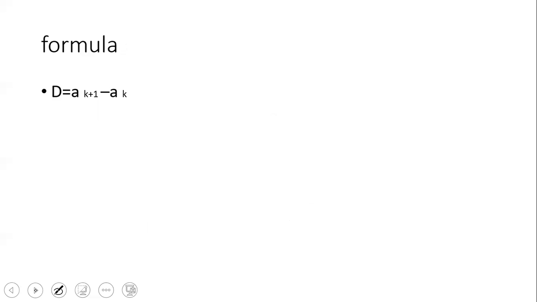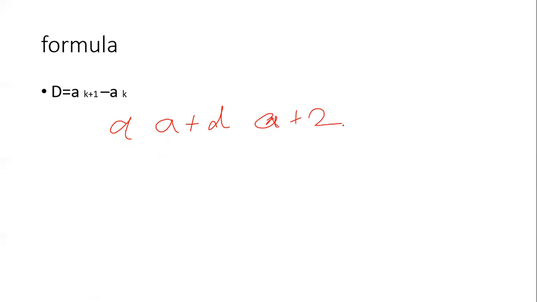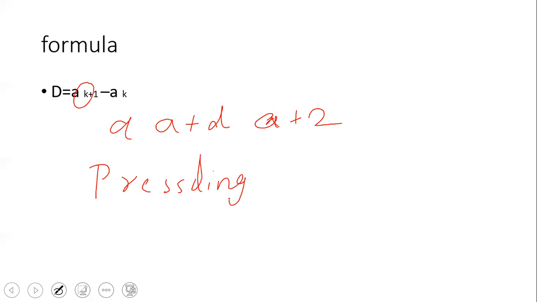The formula is D equals AK plus 1 minus AK, which simply means A plus D, A plus D. It means the same, but to give it a formula, AK is the preceding term, and AK plus 1 is the preceding term plus D, or the common difference.